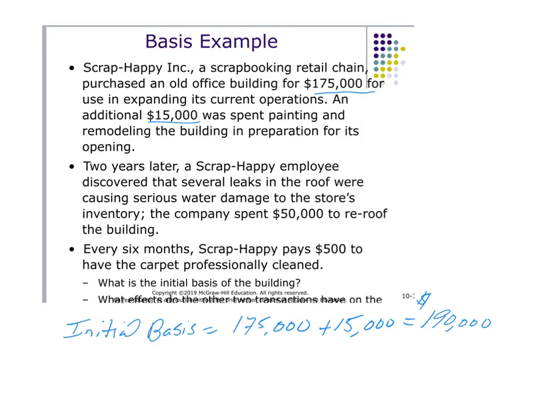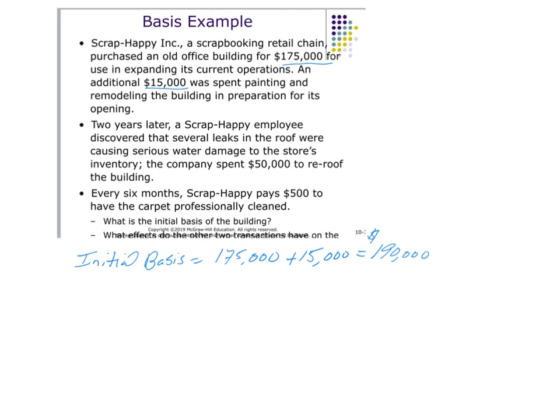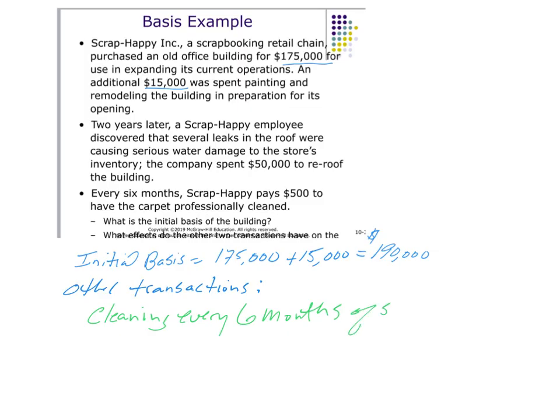Okay? Now the next question, which is obscured a little bit on this slide, is what effect do the other 2 transactions have on the initial basis? Okay? Other transactions. So let's talk about them. All right? So the first one, let's talk about every 6 months. Well, what is cleaning every 6 months of $500? Okay.